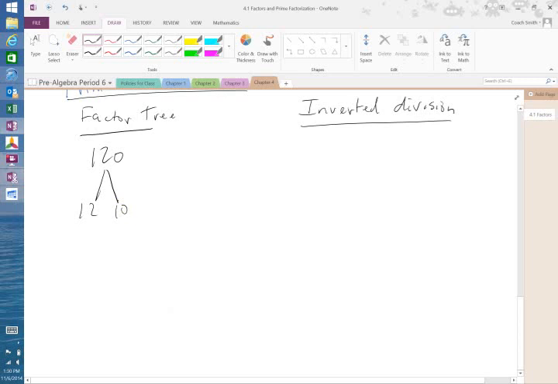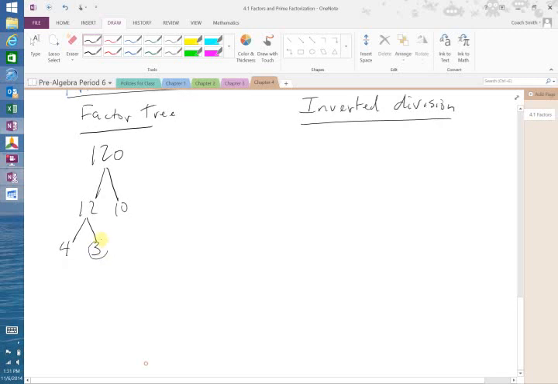12 and 10. Okay, once again, you could use 6 and 20. Those are 2 factors that equal 120. 12 and 10, like we've done, doesn't matter. You'll still end up with the same prime factorization. So I keep going until I hit prime numbers.